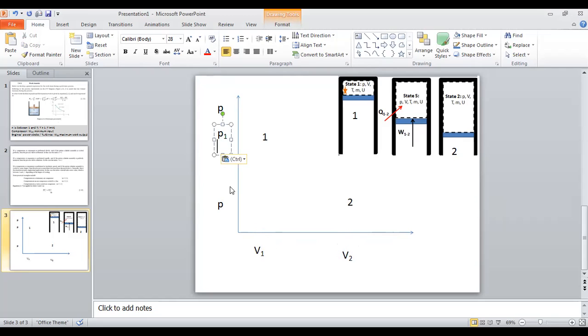Same way P1 and P2, and in general if we think of P and V, intermediate, something like this. So this is an expansion.